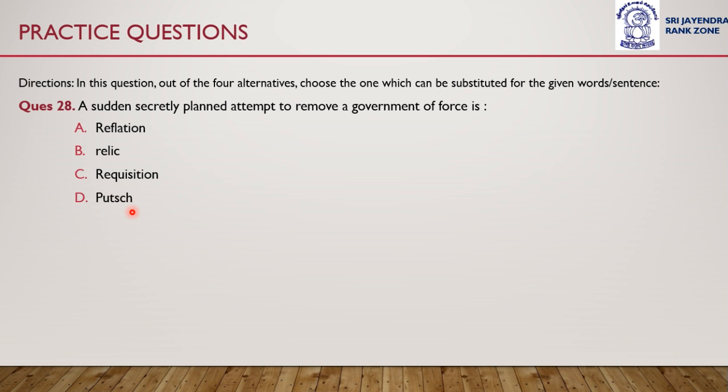Question number 28. A sudden, secretly planned attempt to remove a government by force is called. Option A, reflation. Option B, relic. Option C, requisition, or option D, putsch.